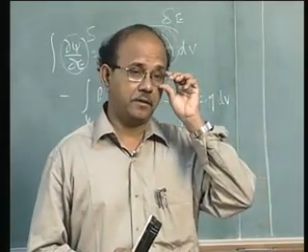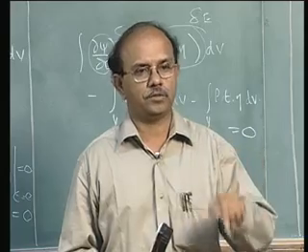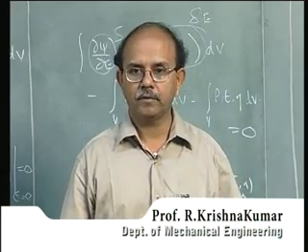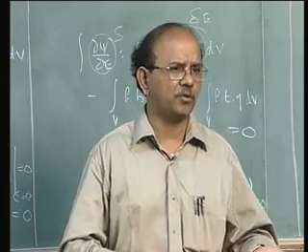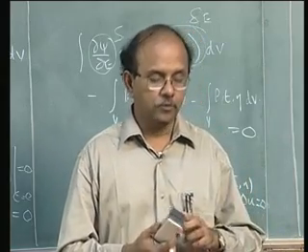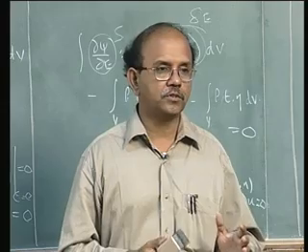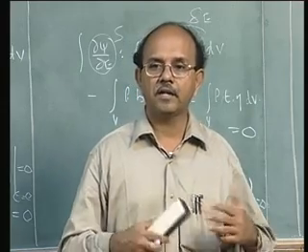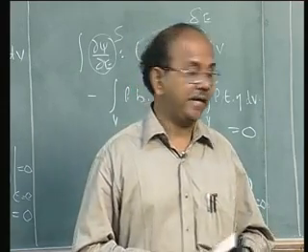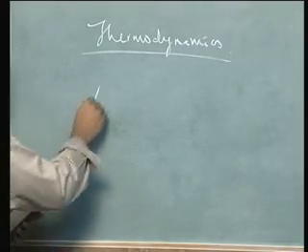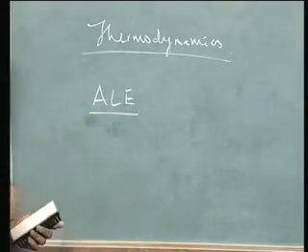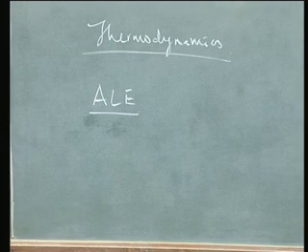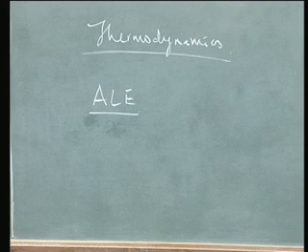It does not mean that in solid mechanics you should not use Eulerian coordinates, and for fluid mechanics you should not use Lagrangian coordinates, but it becomes very cumbersome, you can't do it. But in fact today in solid mechanics we use what is called arbitrary Lagrangian Eulerian procedures, ALE as it is called, where a part of the mesh is a Lagrangian mesh and a part of the mesh remains an Eulerian mesh.